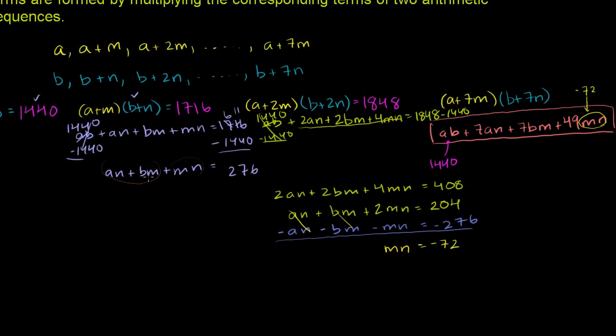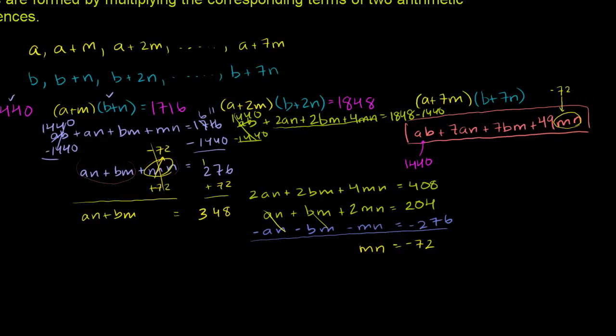Now, what's an plus bm? Well, we know that this right here is negative 72. So let's add 72 to both sides of this equation. We get on the left-hand side, an plus bm, these cancel out, is equal to 276 plus 72, so 6 plus 2 is 8, 7 plus 7 is 14, you have a 1 up there, 1 plus 2 is 3. So it's 348.